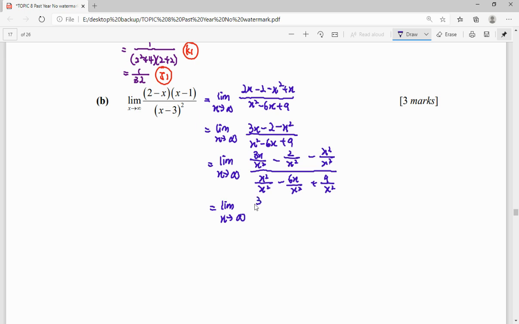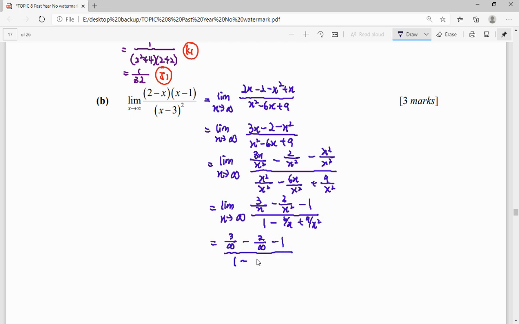It will become (3 over x minus 2 over x squared minus 1) over (1 minus 6 over x plus 9 over x squared). Then we can try to substitute infinity. This time we get 3 over infinity minus 2 over infinity minus 1, so it is no longer infinity over infinity.